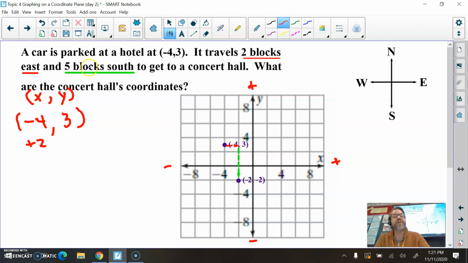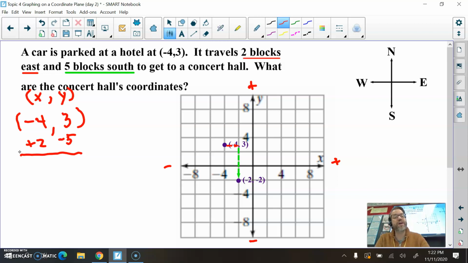Now, when we went 5 blocks south on our y coordinate, that's the same as going in the negative direction. So I'm really subtracting 5 from it. And you're going to see we get into something that we haven't discussed in class yet. We will once we get into the springtime. When we get into either April or possibly into May, we'll be talking about negative numbers and integers.